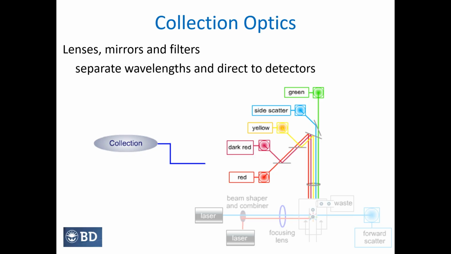The collection optics are the lenses, mirrors, and filters that collect the emitted fluorescent light as the cells are passing through the lasers, then separate the different wavelengths and direct them to the appropriate detectors.